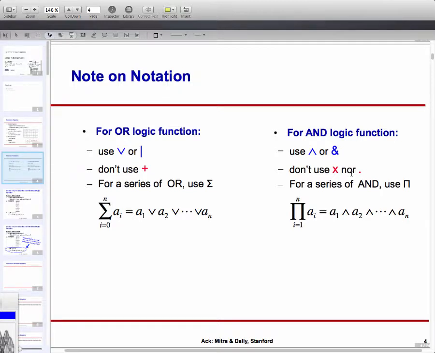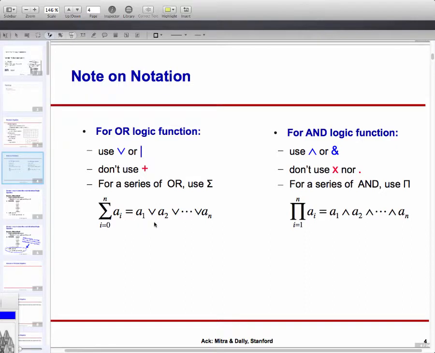I would strongly recommend not to use it, because in regular algebra we use it, but unfortunately some of the properties which are true in regular algebra are not true here at all. Strongly recommended to use either the V sign or the vertical bar, and likewise the caret sign or the ampersand. Do not use plus and multiplication signs.